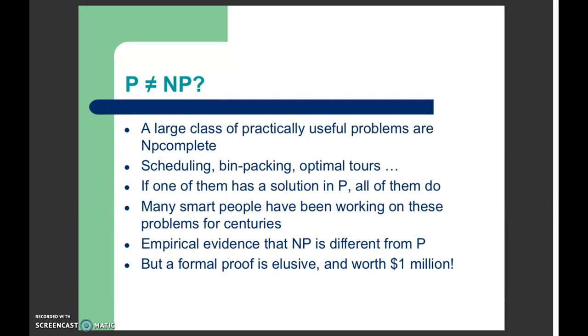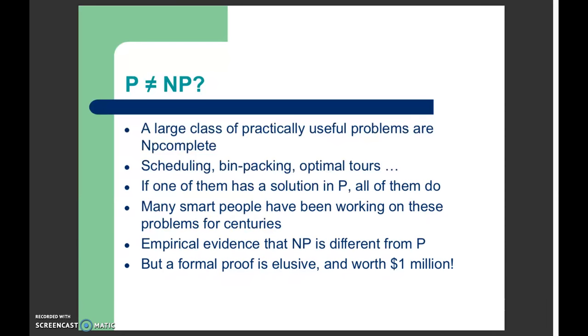So we again come to the question, is P equal to or not equal to NP? Well, a large class of practically useful problems are NP complete: scheduling, bin packing, optimal tours, etc. If one of them has a solution in P, all of them do, as they are interreducible by the transitive property.